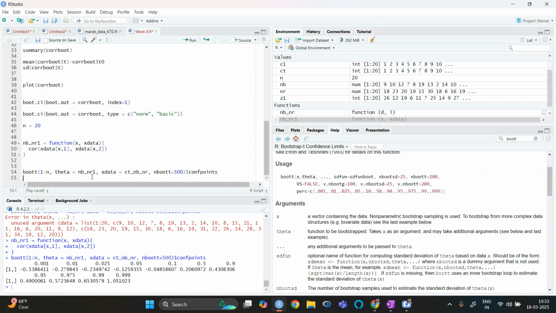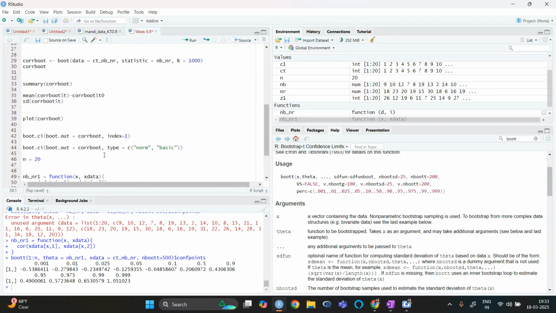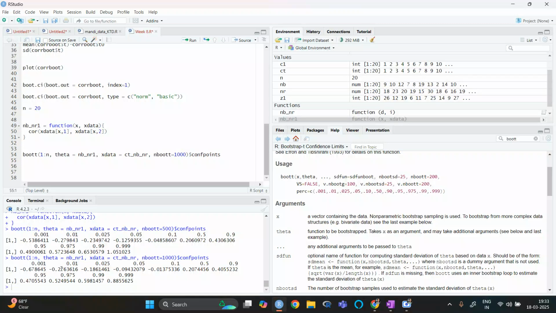So NBNR1. In boot.ci we have given the core boot, and based on that we want to find its percentile. But here, because we need to calculate the variance, which is not present in the core boot, we need to take the sample again, and then give the number of bootstraps directly, so we can give it 1000 as we have done before.